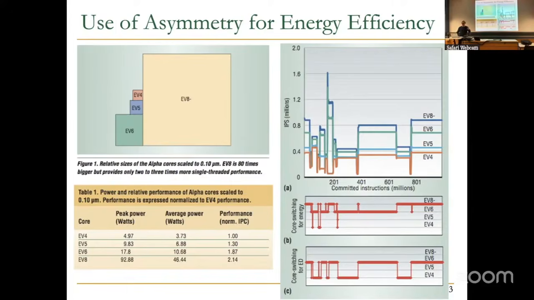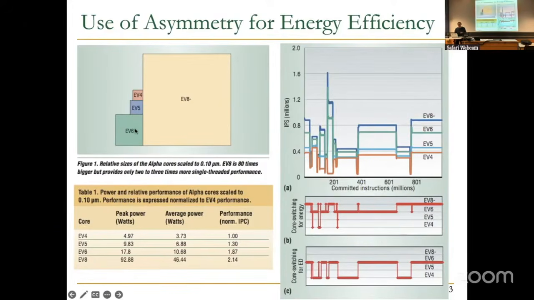Actually, they were bought by Intel. And then Intel didn't want to continue this line, clearly. But maybe they should have reconsidered. In hindsight, who knows? Okay, but basically, these cores are already built. EV6 is alpha 21264. I think EV4 is alpha 21064.